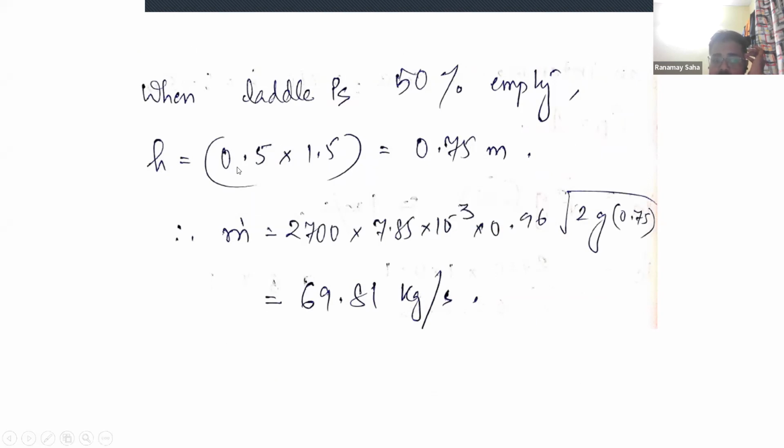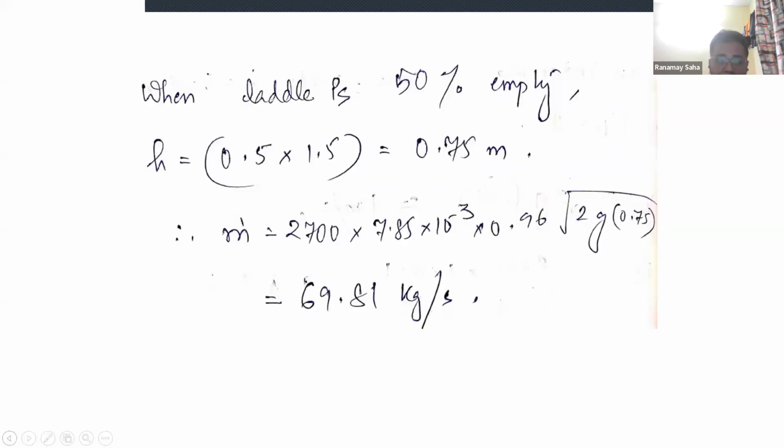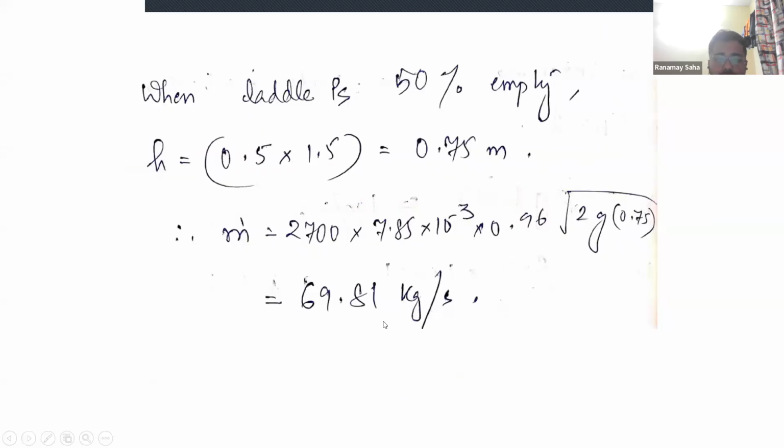So the height becomes half of the initial height of 1.5 meter, which is 0.75 meter. You put it here and find that the mass flow rate of discharge comes out to 69.81 kg per second. So you can see the discharge is decreasing, isn't it? When the ladle was full, the discharge was 98.7, and when it becomes half, the discharge comes out to almost 70. So that is related to the height.